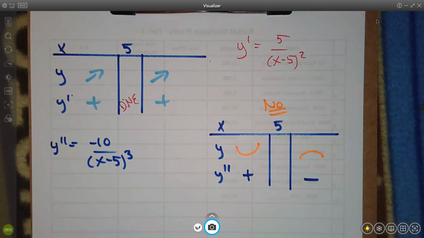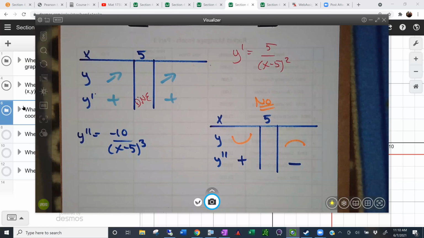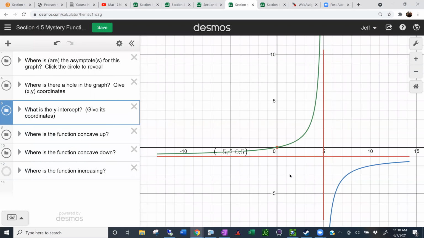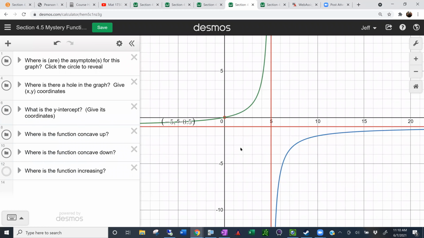So if we actually look at the graph now, and we can kind of light these things up now, where's the function concave up? Oh, okay, yeah, to the left of this. Where's the concave down? Oh, to the right of that. And you can scroll and zoom out a little bit, maybe reposition this. It's fine. Where is the function increasing?